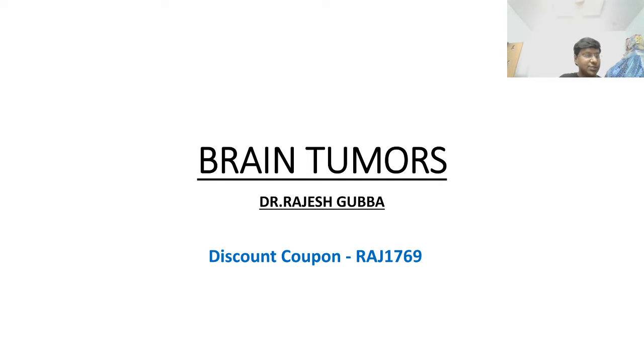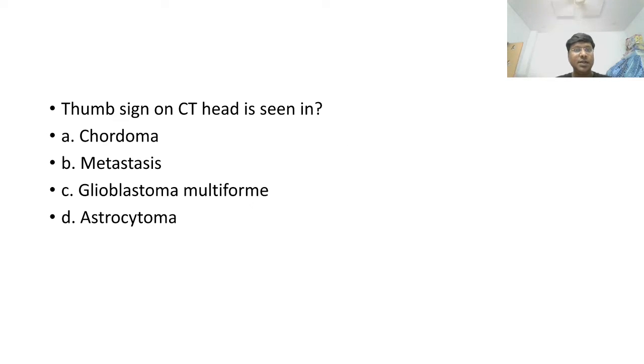All right, let me take up the first question of the discussion. I welcome you all, and I just want you to answer this particular question. Thumb sign on CT scan head is seen in: the options are chordoma, metastasis, glioblastoma multiforme, astrocytoma.